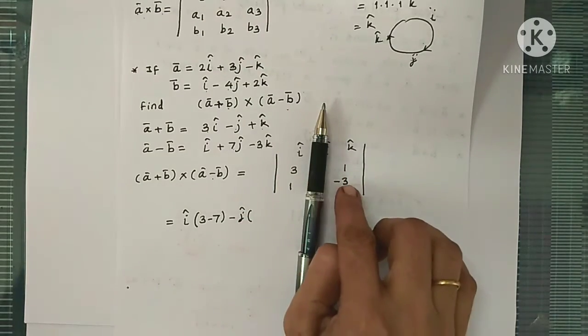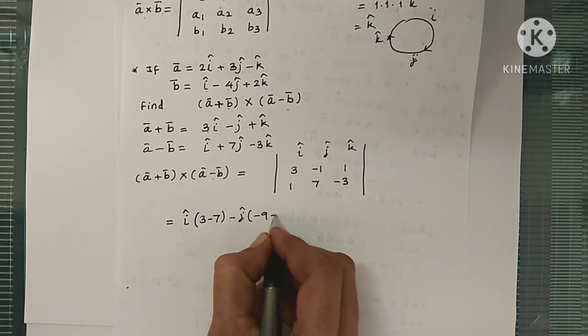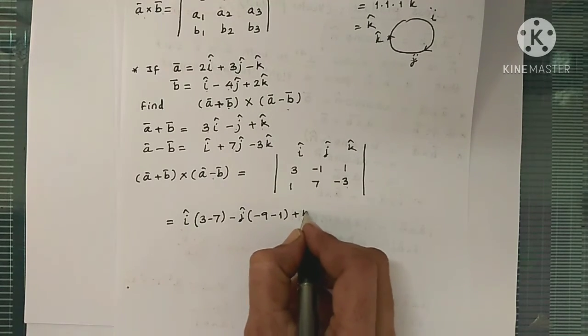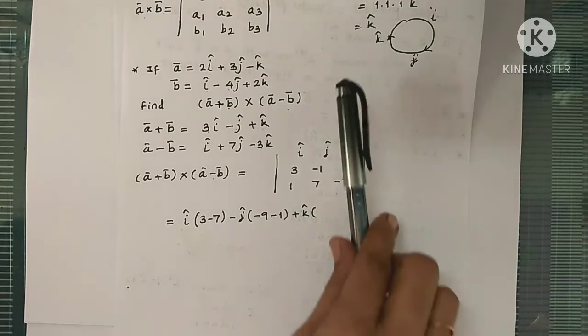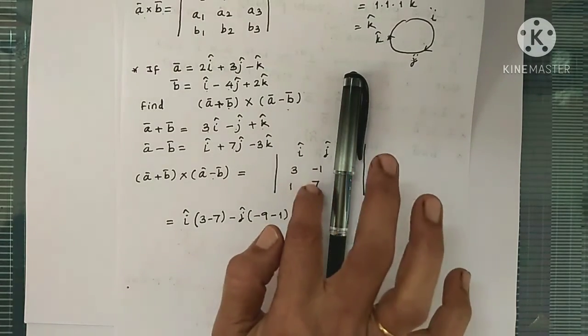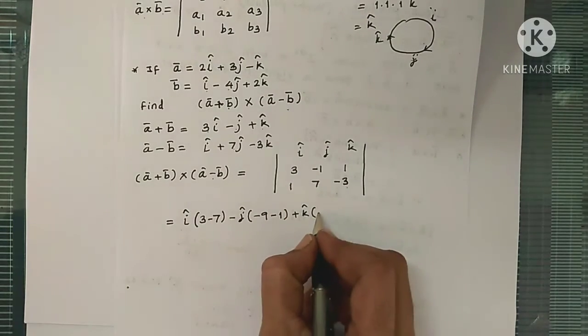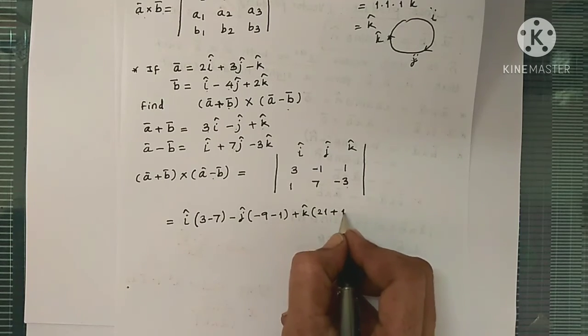So it is 3 into minus 3, minus 9, minus 1. And the last term is plus k cap. Don't consider the third column and first row: it is 3 into 7, 21, plus 1.